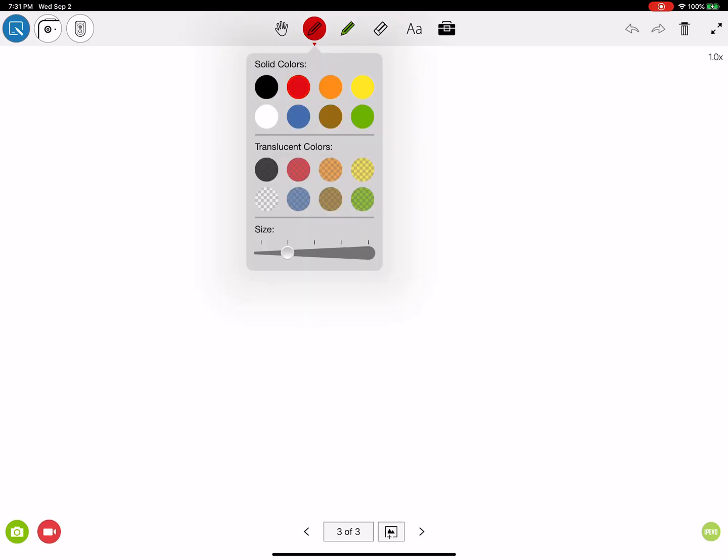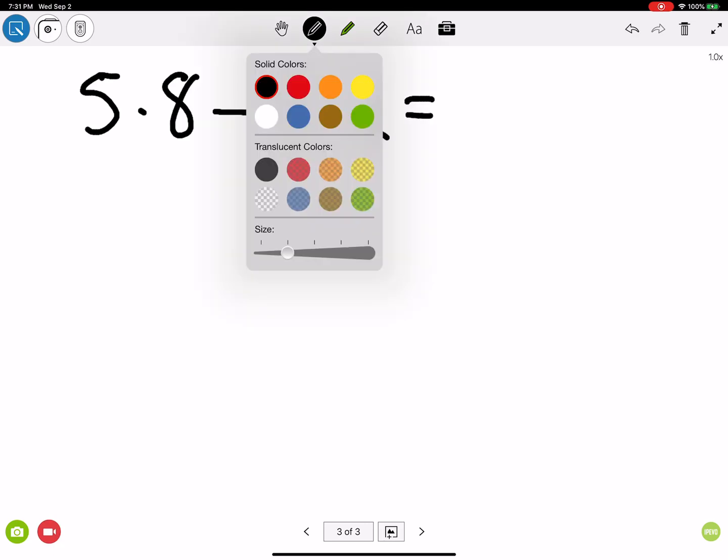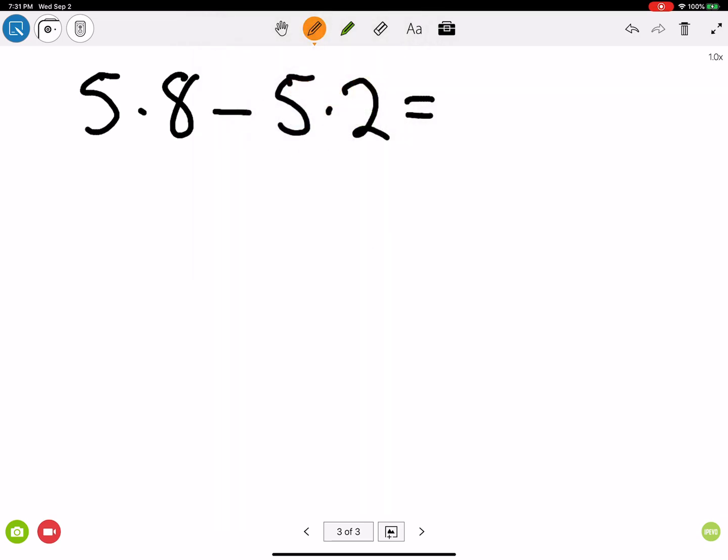Let's look at an example. Let's say that I had 5 times 8 minus 5 times 2. And I told you that I want this in factored form. So right now, this is already in expanded form.